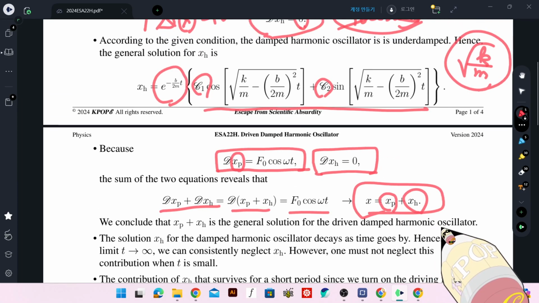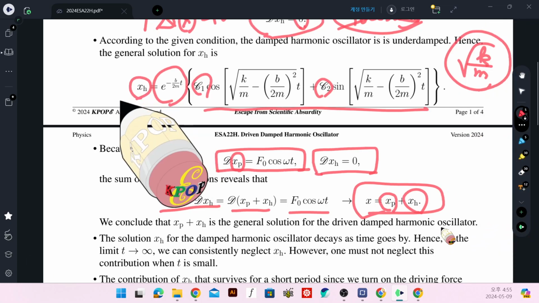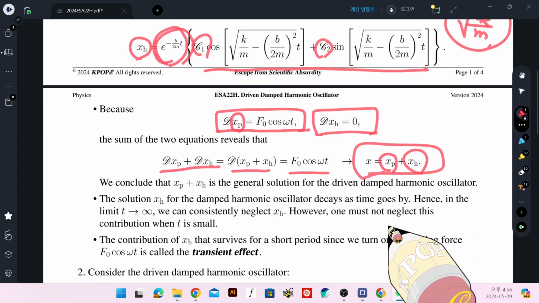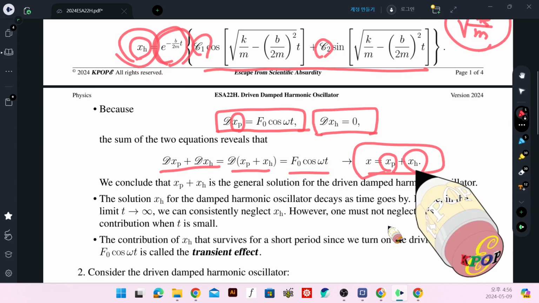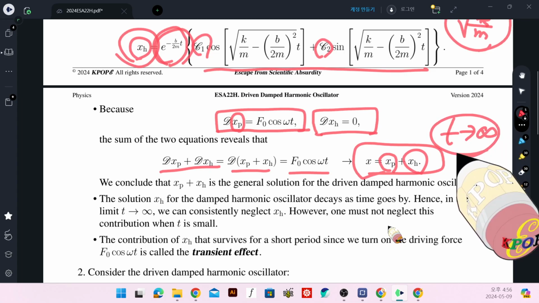In general, as time goes by, this solution for the corresponding homogeneous equation disappears completely. It becomes negligible as t goes to infinity. However, when the time is not large, we have a transient effect, a sudden rise of the solution. So neglecting the homogeneous solution is allowed only if time is large enough.